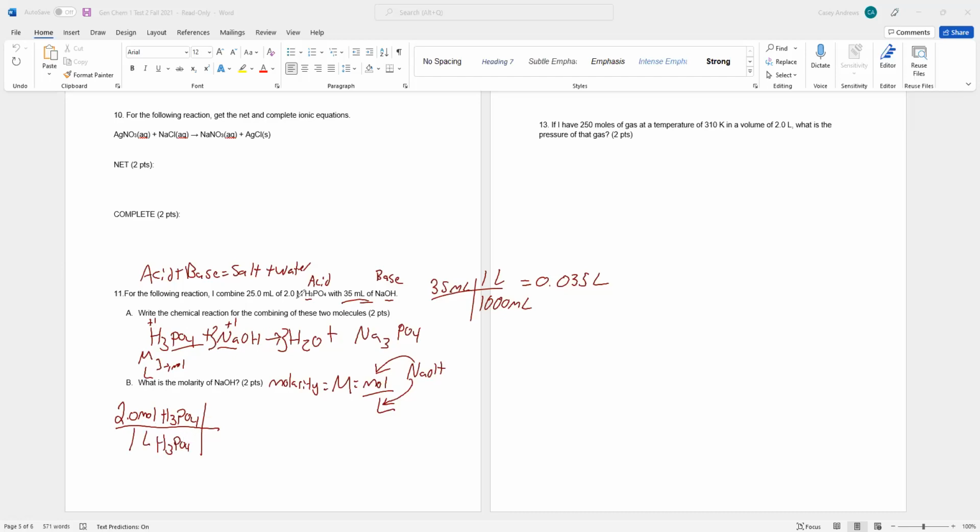Remember, that's what big M stands for. How many moles you have for 1 liter. But I don't have 1 liter of H3PO4. I only have 25 milliliters, which is 0.025 liters. So the question is, in 25 milliliters, how many moles of H3PO4 is that? So liters cancel out. So it's 2 times 0.025, which is 0.05. So that means I have 0.05 moles of H3PO4.